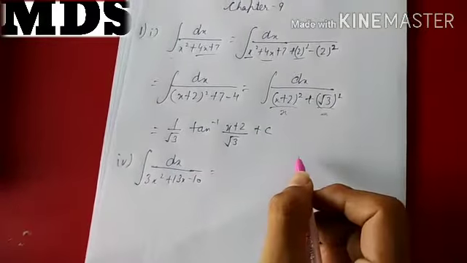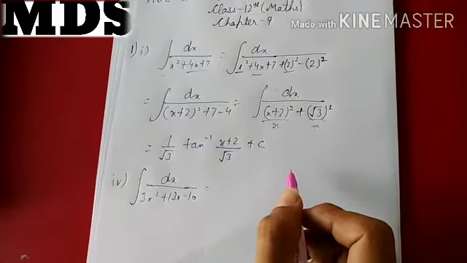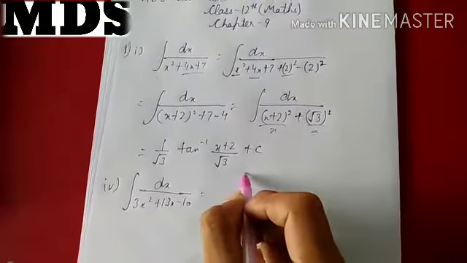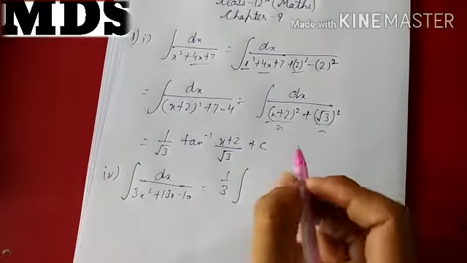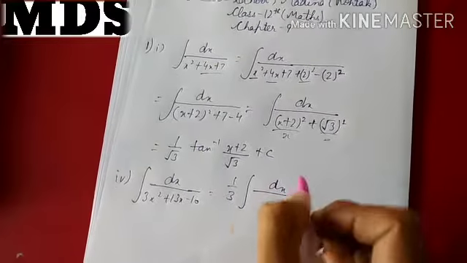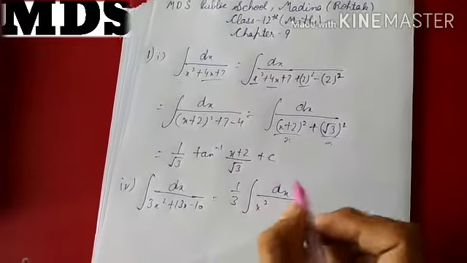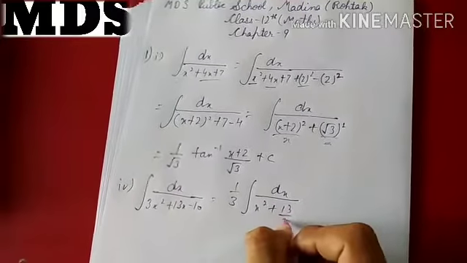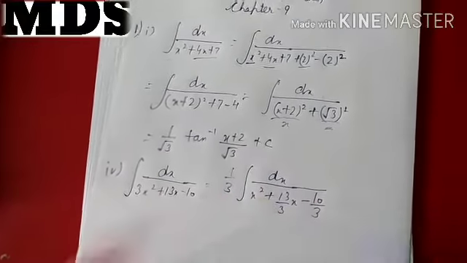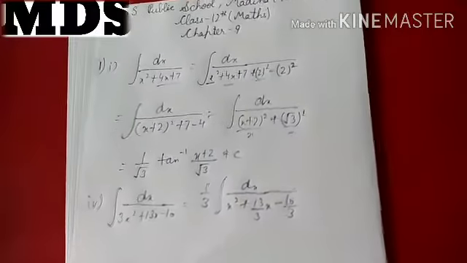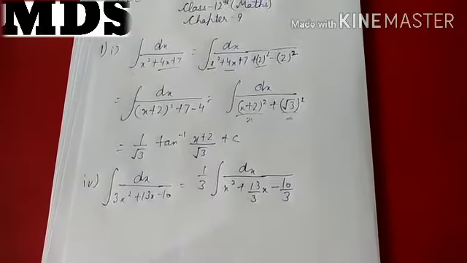Okay, so first of all we have to make the coefficient of x square as 1. So I will take 3 common from here. What I will get? I will get x square plus 13 by 3x minus 10 by 3. Okay, I hope it is clear to you.